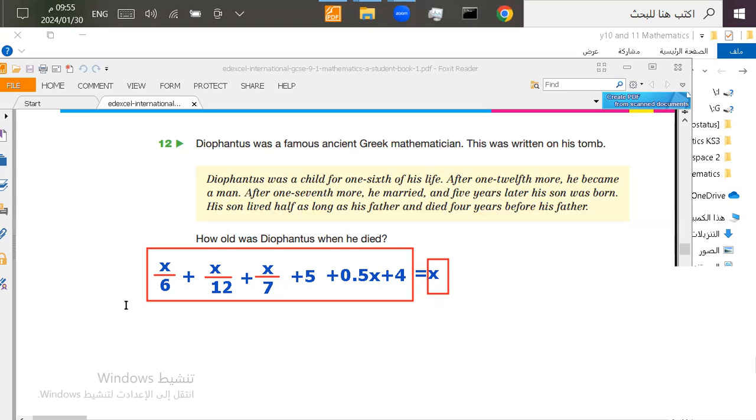We add all of these, this, and this, because they have the same variable. And we add 5 and 4 together. 5 and 4 together will be 9. Okay? Equals x. We add these here, x over 6, x over 12, x over 7, and x over 2, which is half.